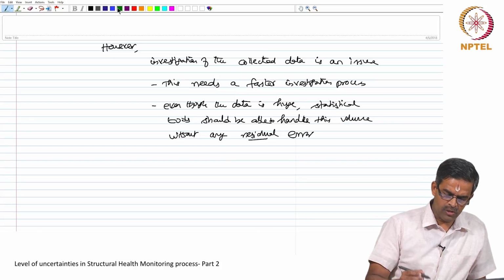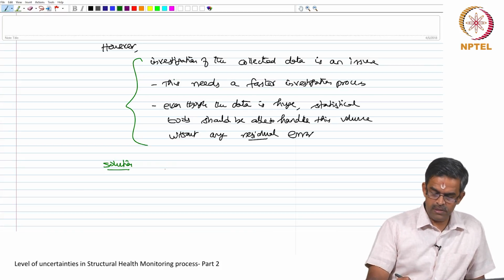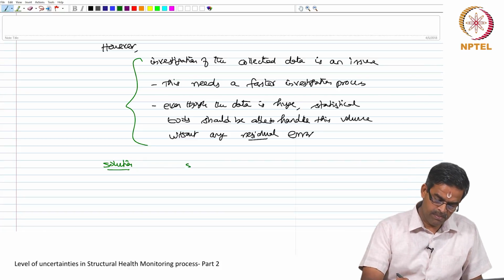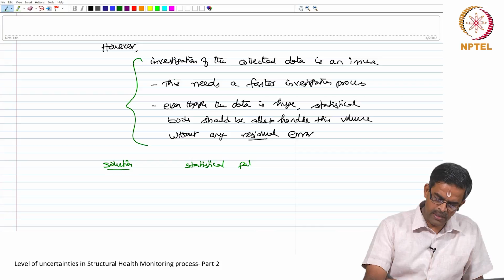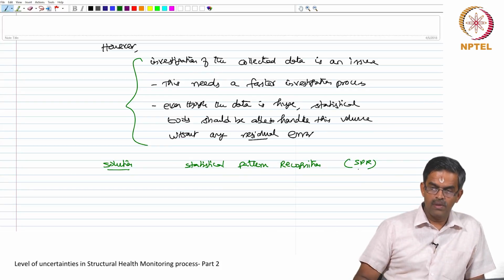One important solution to handle this issue is, instead of doing a statistical analysis, people do statistical pattern recognition, which we call SPR.